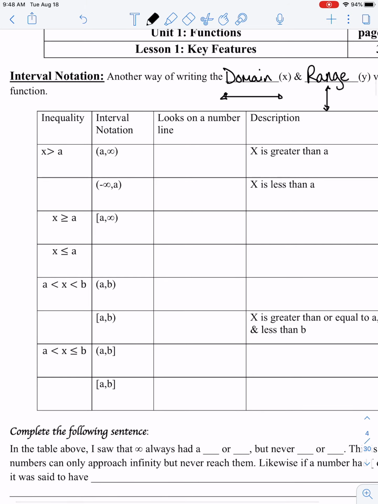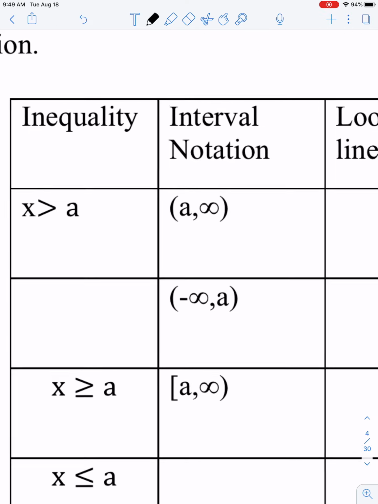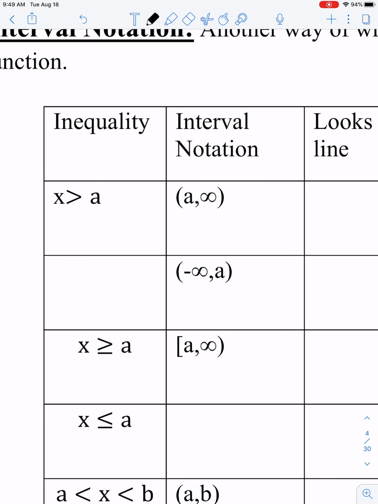A couple of things. Inequalities are like your greater than, less than, or equal to signs. Inequalities will be less than, greater than, less than or equal to, greater than or equal to, or just equal to or not equal to.